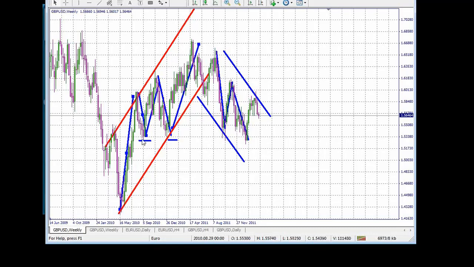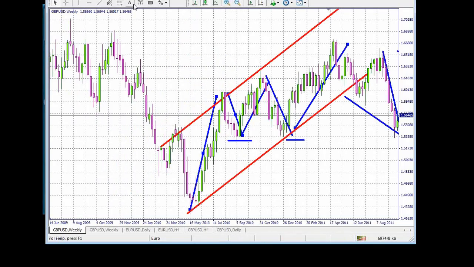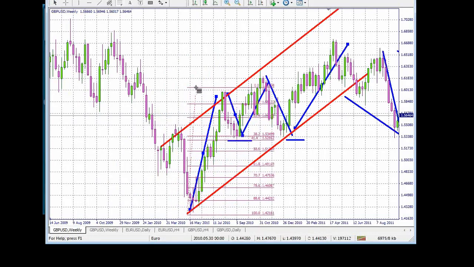But the second, if we measure with Fibonacci, and I will do this right now, we will see that it is at one of the levels of Fibonacci.